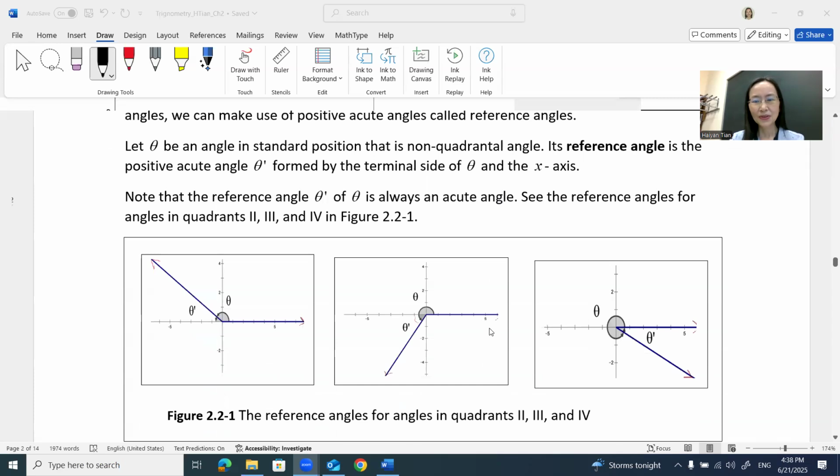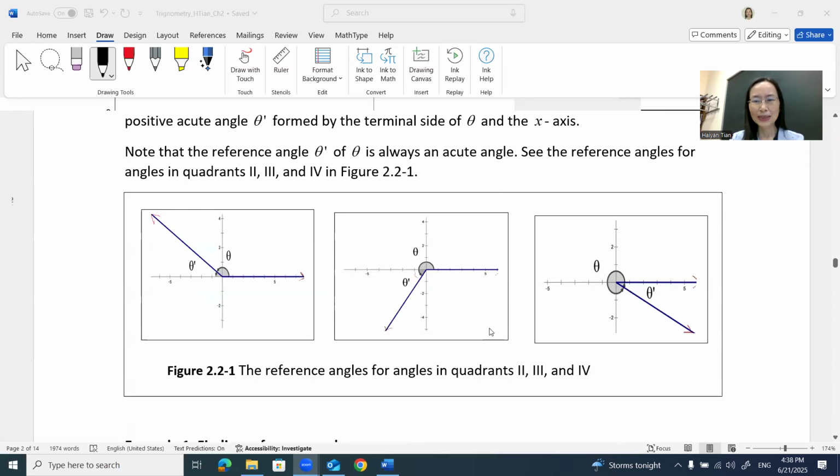So we first assume that the angle is not acute. Its terminal side also does not coincide with the x or y axis. That means it's not quadrantal.